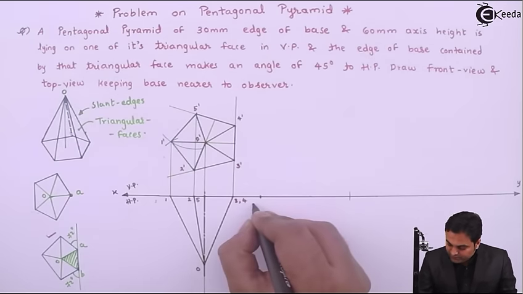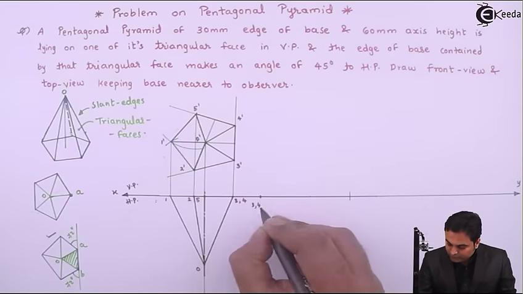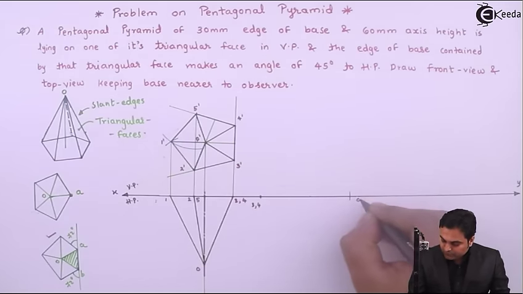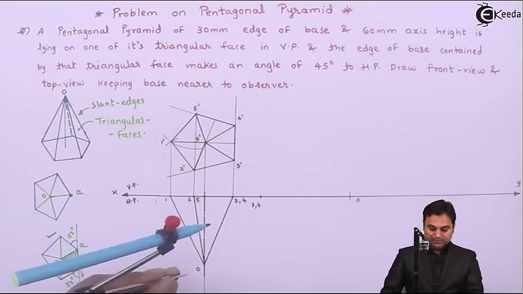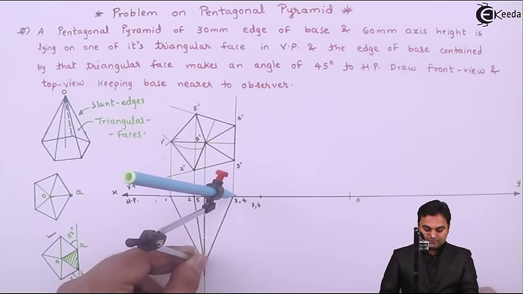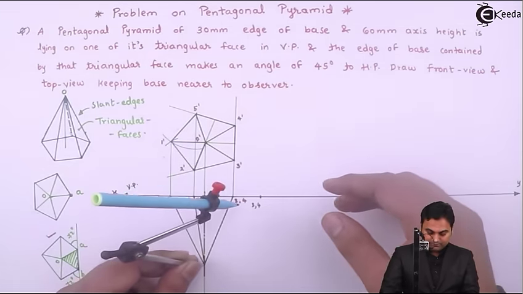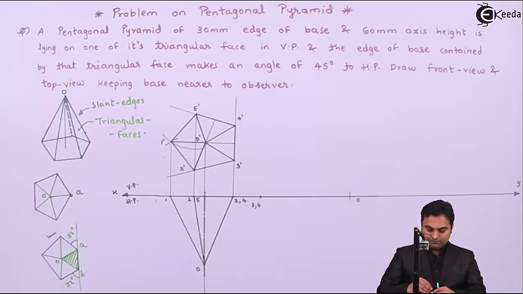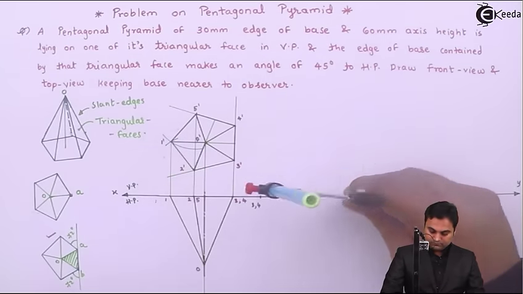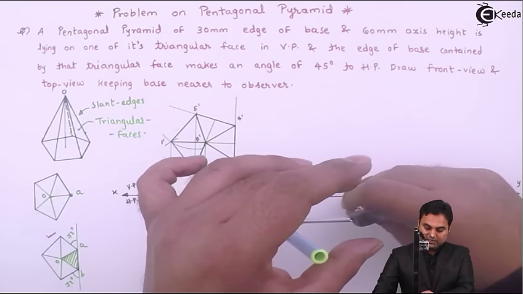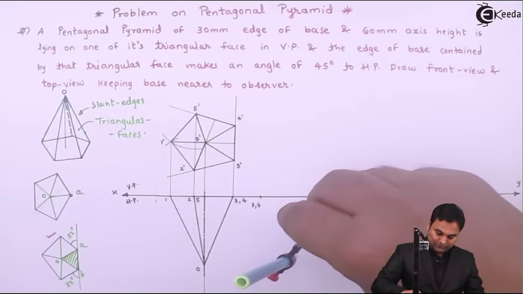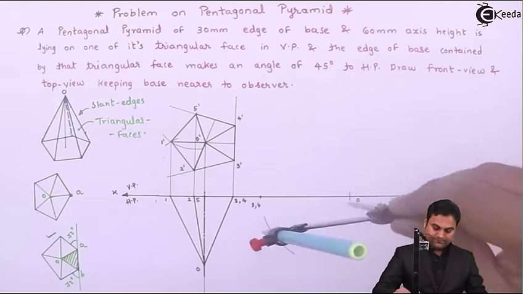So here we have 3, 4, and this is point O of the apex, keeping the same slant edge distance as for 3 and 4. I am going to draw an arc here because I want the complete pyramid.